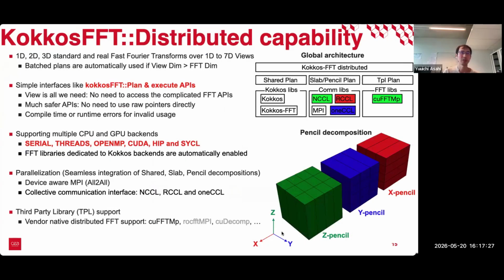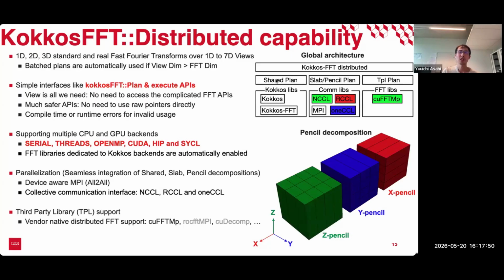So let's now move on to the distributed capability. The top right figure shows the global architecture of our library. It consists of these plans, but we basically support so-called slab, which is one-dimensional decomposition, and pencil, which is two-dimensional decomposition.